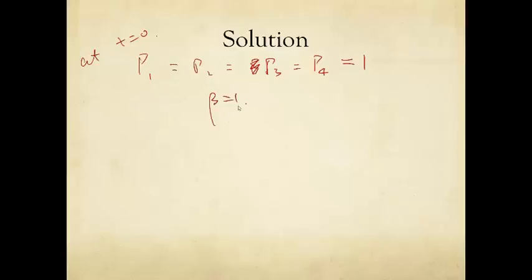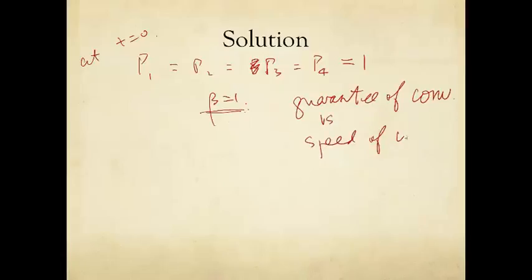In a homework problem, you will experiment with different step sizes, and you will see that when the step size is too big, it will lead to divergence. But when the step size is too small, it guarantees convergence, but the convergence is very slow. So there's a trade-off between guarantee of convergence versus the speed of convergence, if you actually can get it. All right, but now we pick beta to be 1 to illustrate the algorithm.